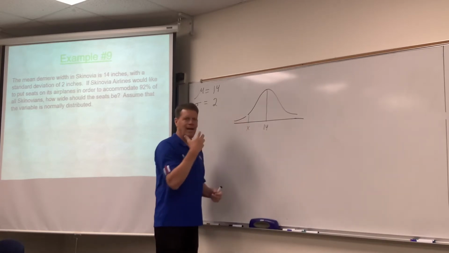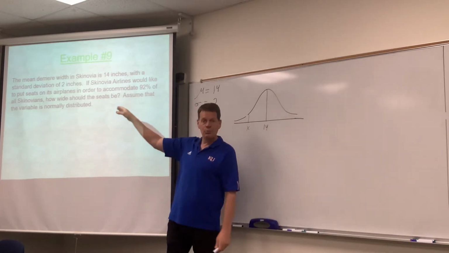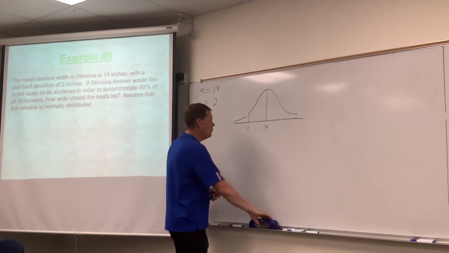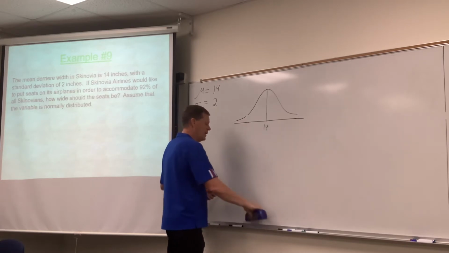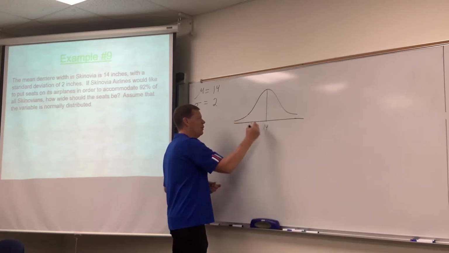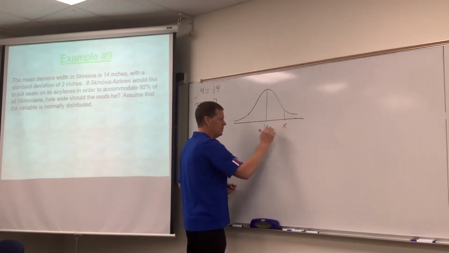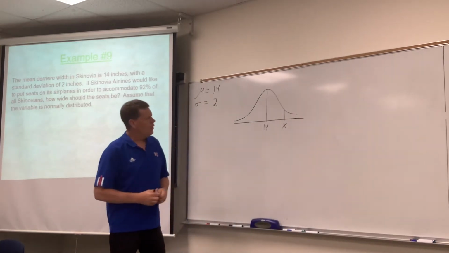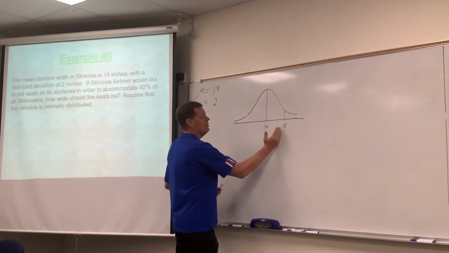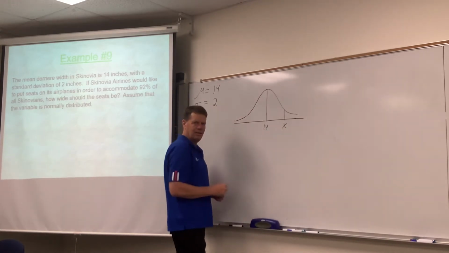And how in the world could that possibly be the desired 92%? So I hope you would look at this and say that it does not make sense to make the seat narrower than the mean of 14. If we make it wider than 14 inches, somewhere up here, 17 inches wide, wouldn't all the people who are less than 17 inches fit in the seat?